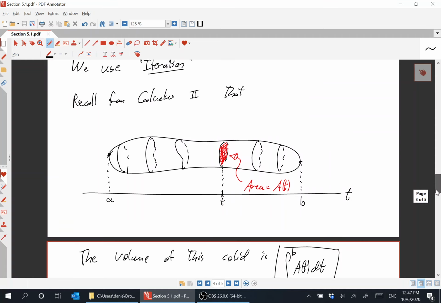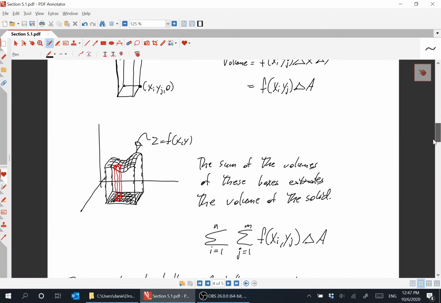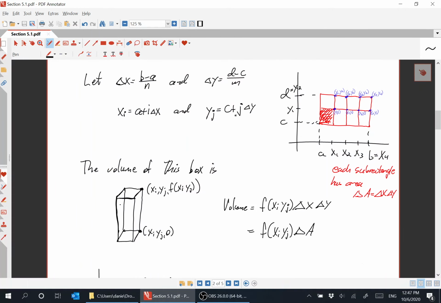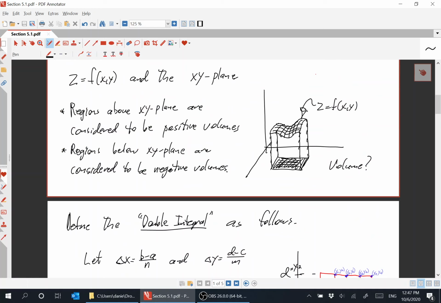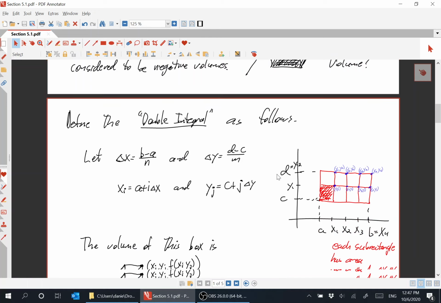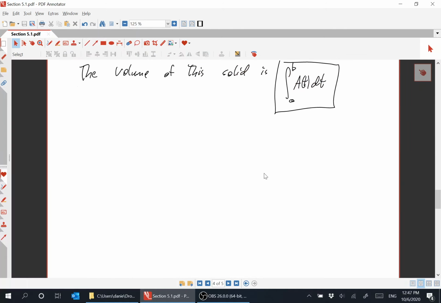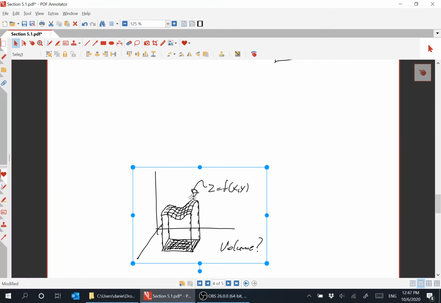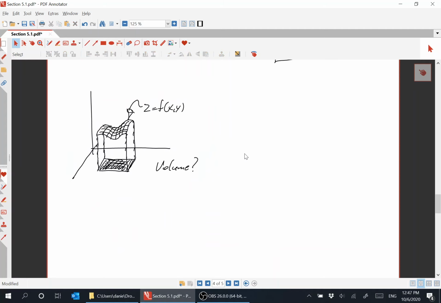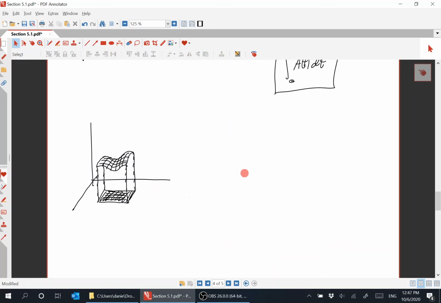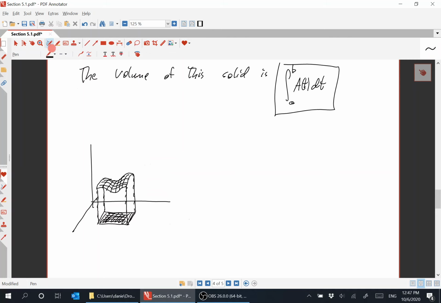Let's go back to that picture of that solid volume that we are trying to calculate. So we apply this idea as follows.